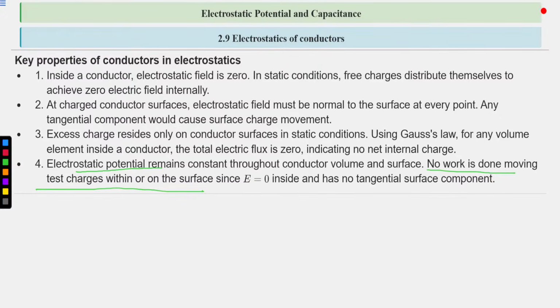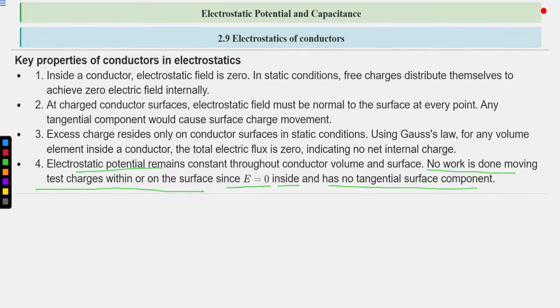This means the potential is constant at every point inside the conductor and also on the surface. Why is no work done? No work is done moving a test charge within or on the surface since E is equal to 0 inside and has no tangential surface component.